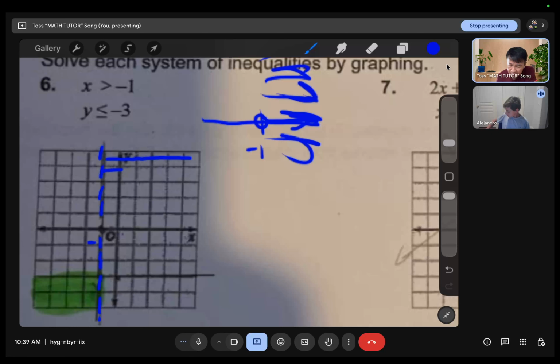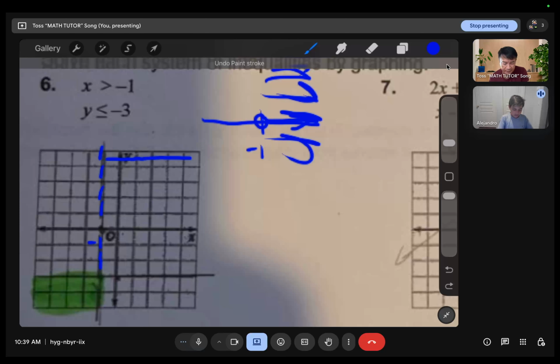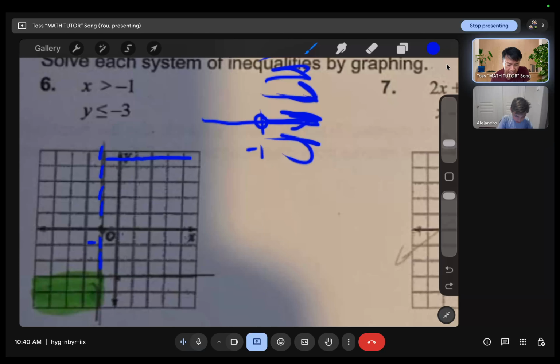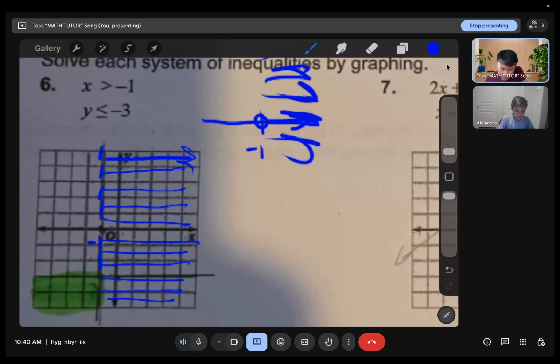Now there's a pretty cool way you can do this. This is very dark, so let me make my ink smaller. You can draw a line perpendicular to your dashed line and shade it like this, with the arrow going like that.